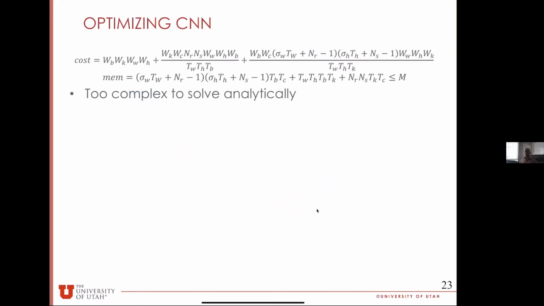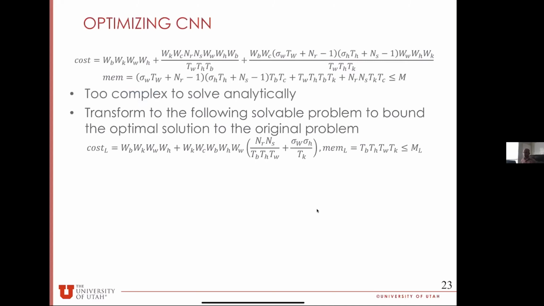However, the expressions that we obtain for CNNs using the same methodology that I described are too complex to completely solve analytically. So what can be done here is to transform the problem to another one, which is a relaxation of the original problem, but one whose structure is such that we can use the same strategy as for matrix multiplication to solve analytically.